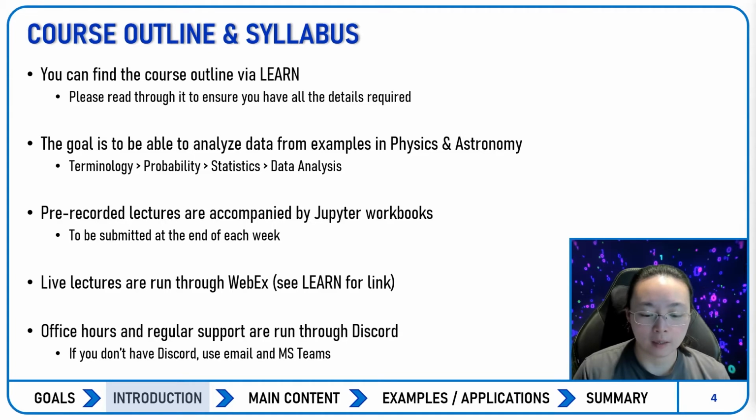So with these recorded lectures, these are accompanied by what I call Jupyter workbooks instead of Jupyter notebooks. I created a bunch of files, IPYNB files, and they have all of the written content that you can't really find in the PowerPoint, so they serve as the textbook for this course.